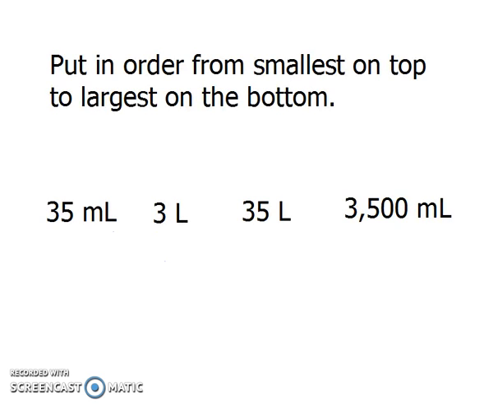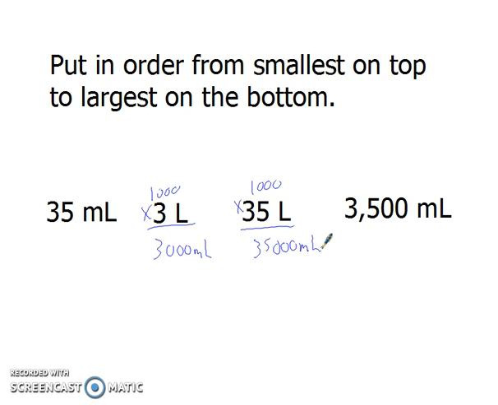Put in order from the smallest on top to the largest on bottom. Alright. We have to get them all in the same units, and it's sort of like what we just did. I'm going to change the liters to milliliters. So 3 times 1,000, that's going to give me 3,000 milliliters here. 35 times 1,000, it's going to give me 35,000 milliliters.